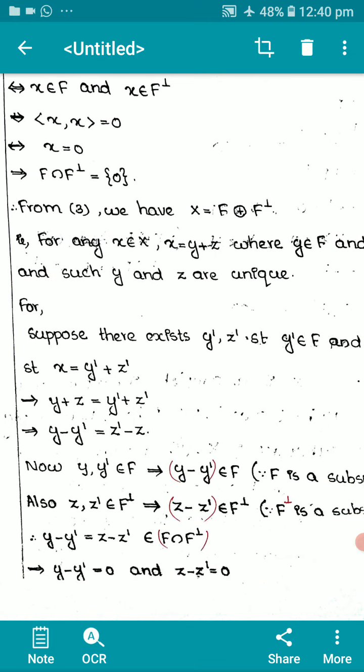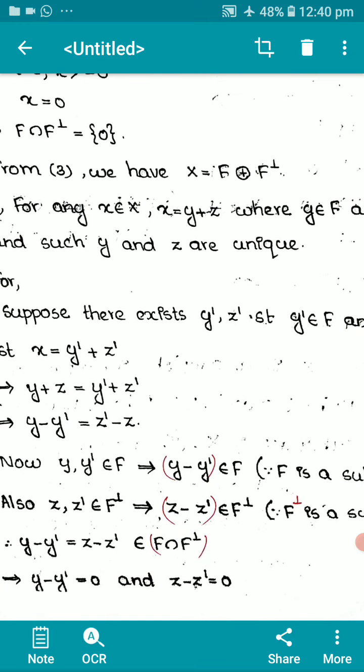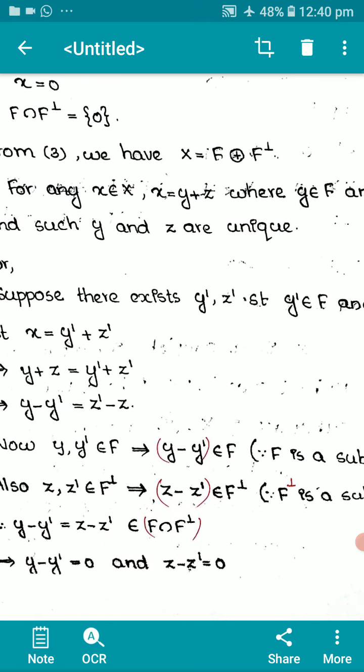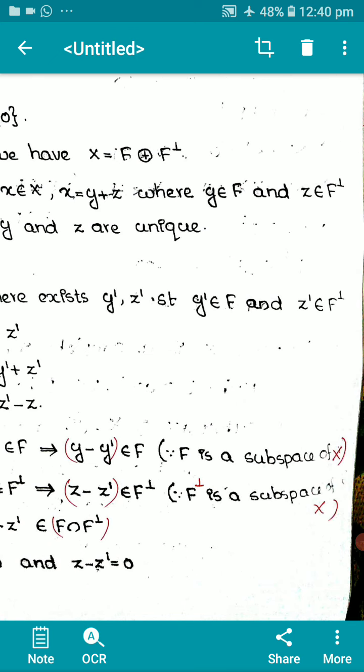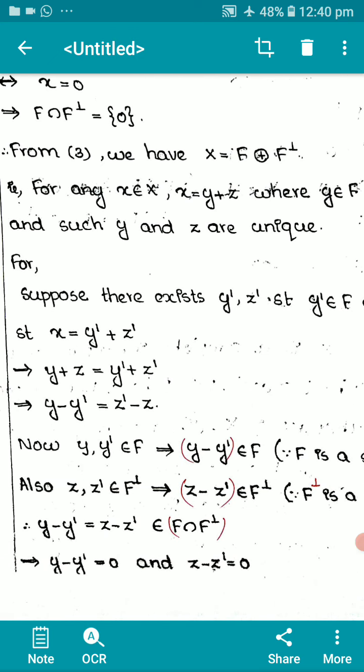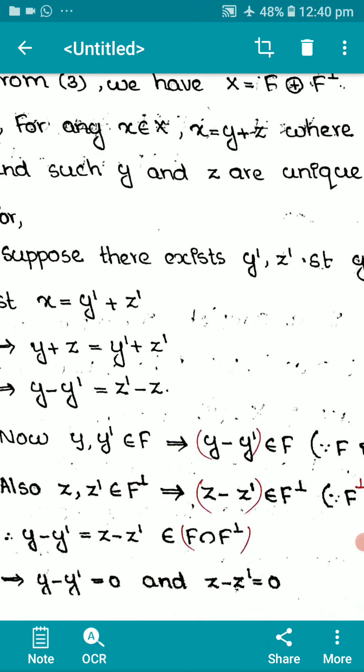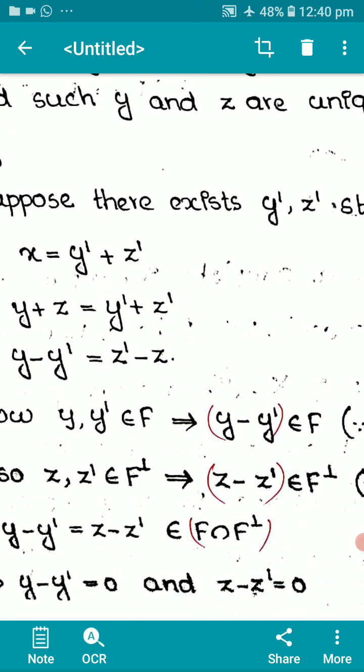We can prove uniqueness here. Suppose there are two elements y dash in F and z dash in F perp such that x equals y dash plus z dash. Then y plus z is y dash plus z dash, so y minus y dash is z dash minus z.